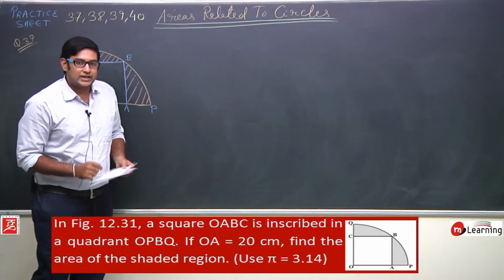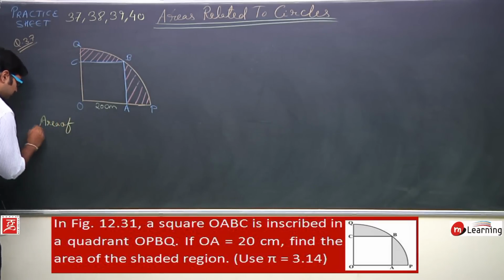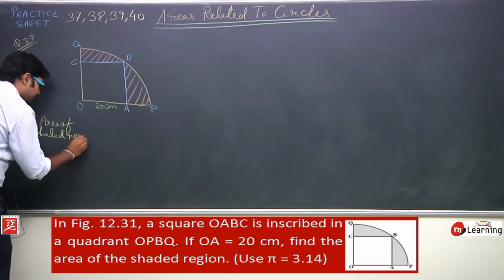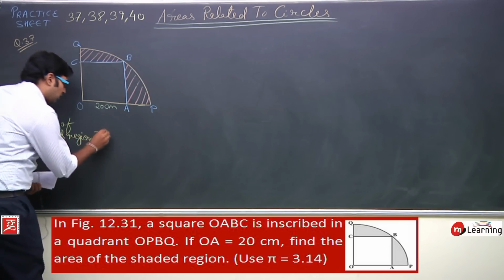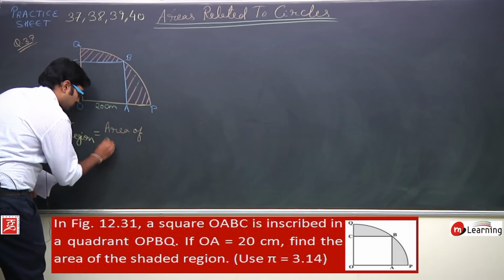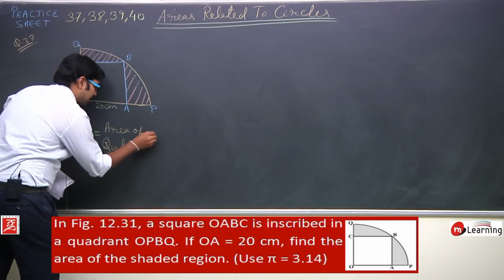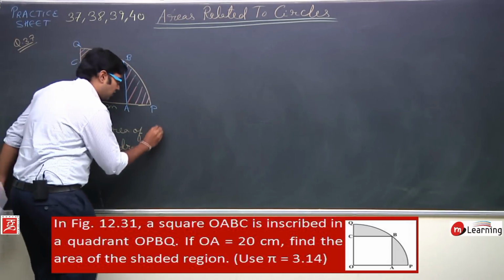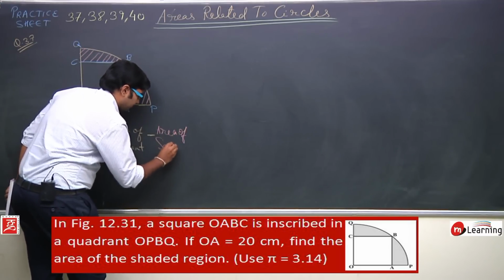So what I am trying to say is, area of shaded region will be equal to area of quadrant minus area of square.